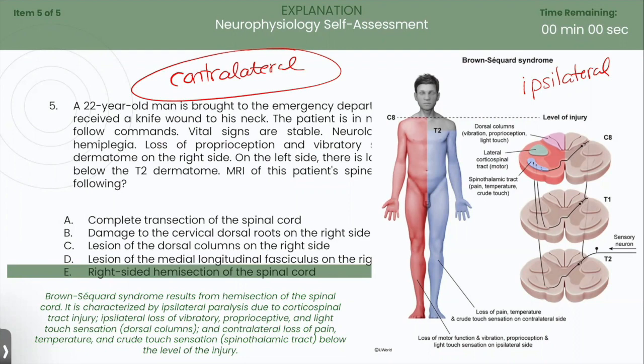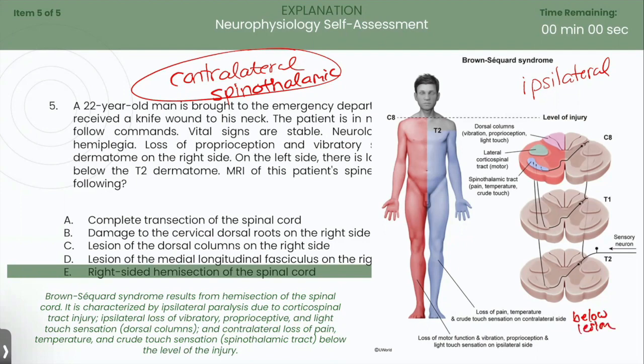That's because remember where the decussation is for the spinothalamic tract. The decussation is at the level of the lesion. So we have loss of pain and temperature sensation below the level of the lesion on the contralateral side, below lesion.